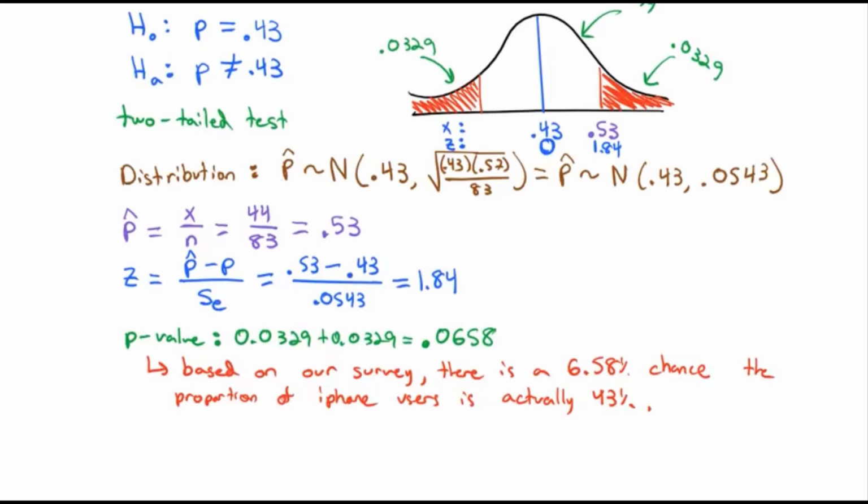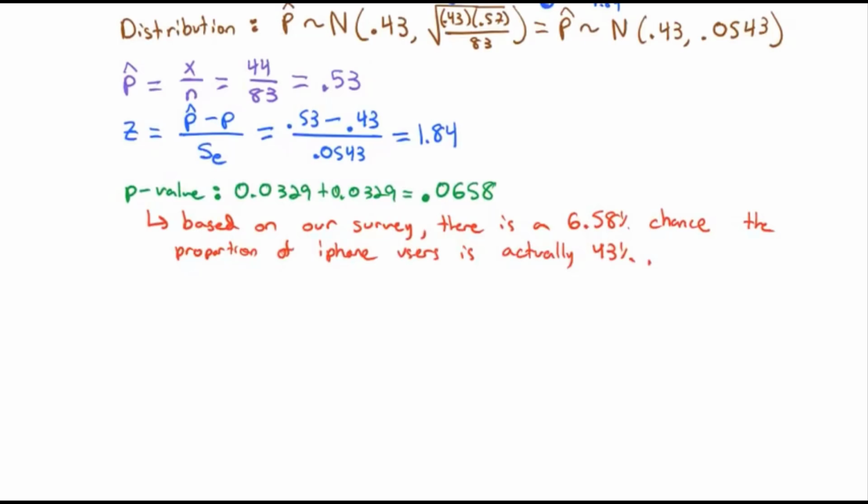So if the p-value is 6%, that's not below the 5% threshold, we say that still is not quite enough evidence to kick out the null hypothesis. So our decision is we will fail to reject the null hypothesis, because there's just not quite enough evidence. It was close, but not quite enough evidence to reject the null hypothesis.